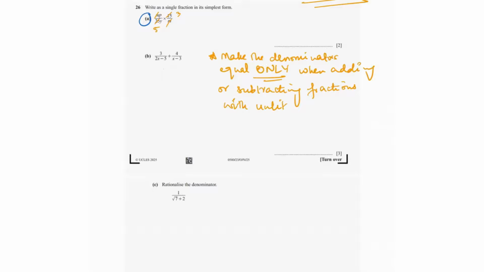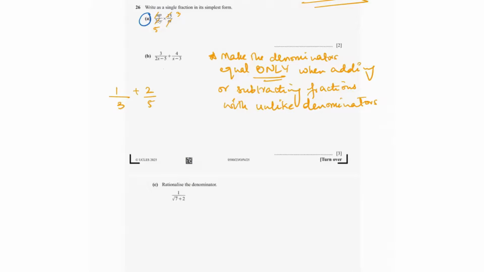If you're multiplying or dividing fractions with unlike denominators, you don't need to make them the same. And also when you're making them the same, you multiply the same number to the numerator and the denominator, not just the denominator. Let's say we're doing 1 over 3 plus 2 over 5.